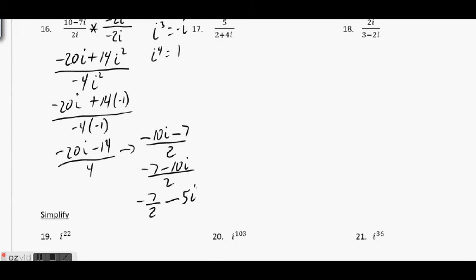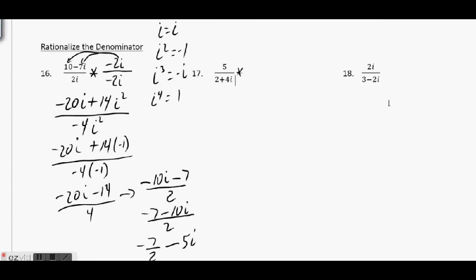Alright, number 17. Again, all I'm doing is changing the sign. Change this sign from a positive to a negative, change that sign right there. So 2 minus 4i all over 2 minus 4i. Distribute.